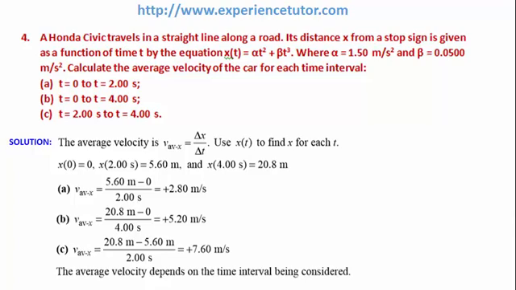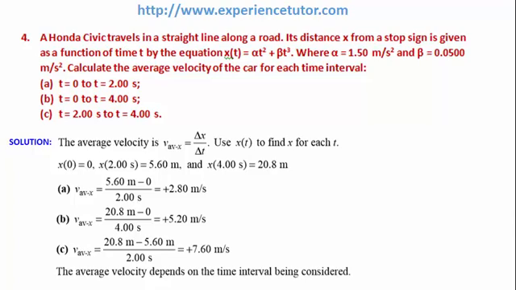Its distance x from a stop sign is given as a function of time t by the equation x(t) is equal to alpha t square plus beta t cube, where alpha is equal to 1.5 meter per second square, beta is equal to 0.0500 meter per second cube. Calculate the average velocity of the car for each time interval.